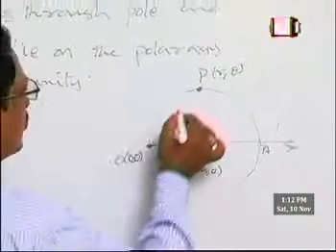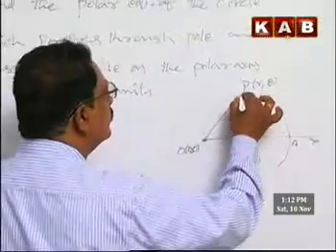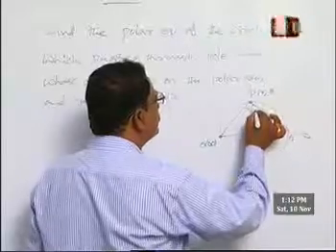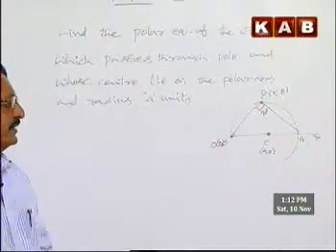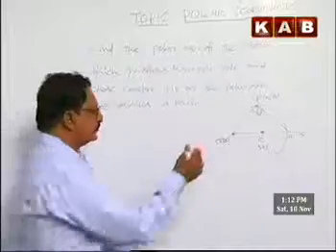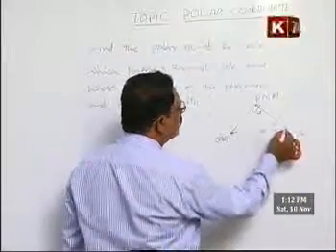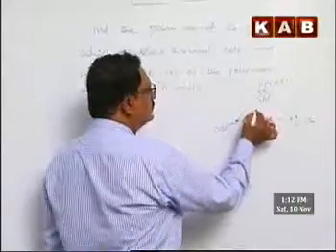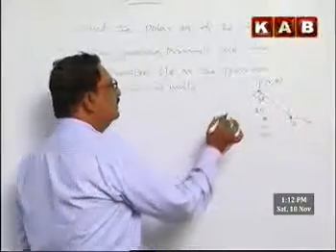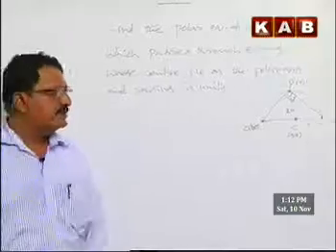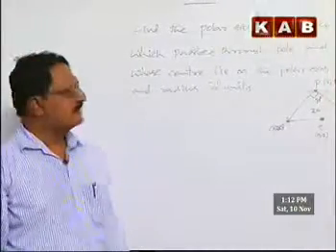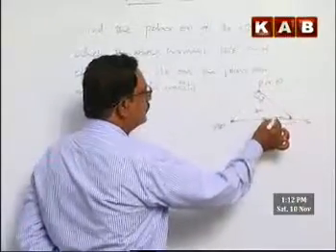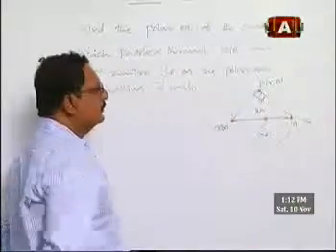Now in triangle OPA, angle P equals to 90 degrees. OA is the diameter of the circle, then the length of the diameter equals to 2A, because the given radius of the circle is A units.